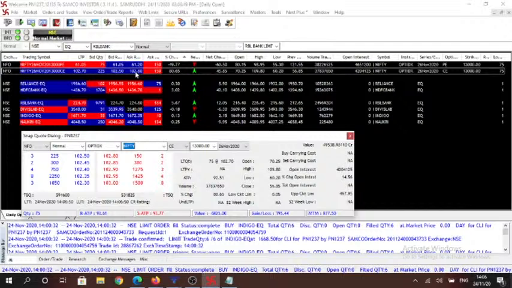I'll place an order to square off this position as well, at 106. An order at 106 and 114.5. So let's see if they get triggered.